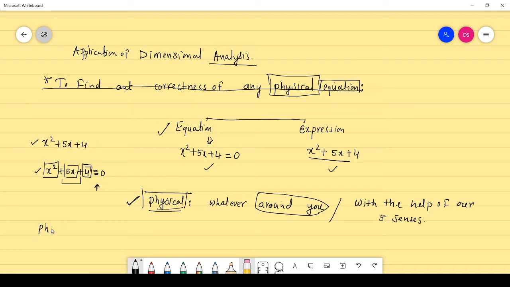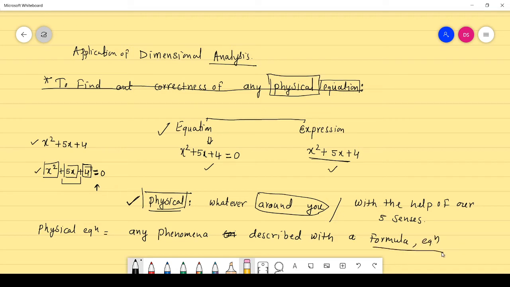A physical equation is any physical phenomenon described with a formula, or described with an equation.